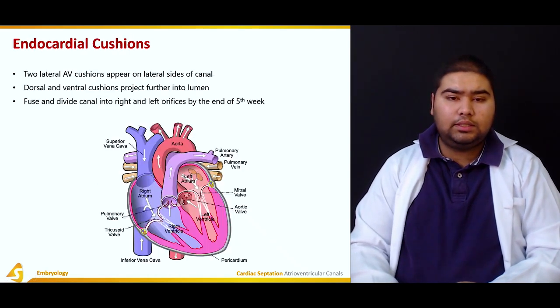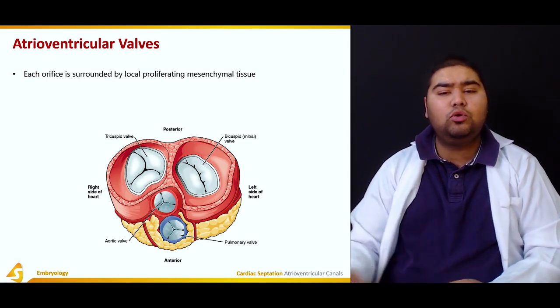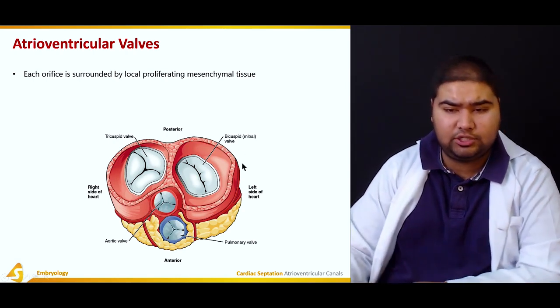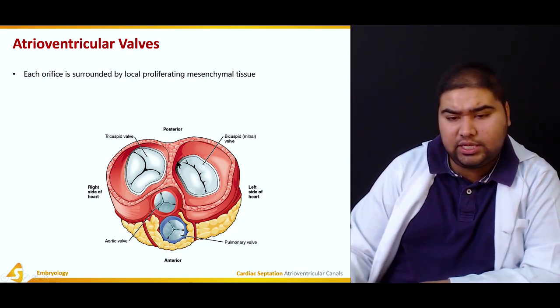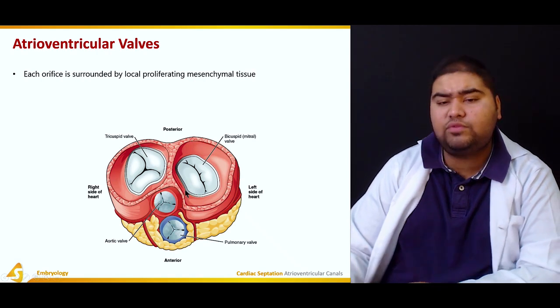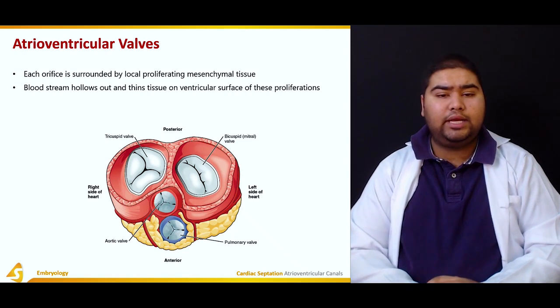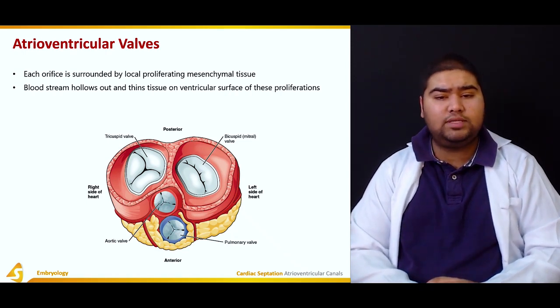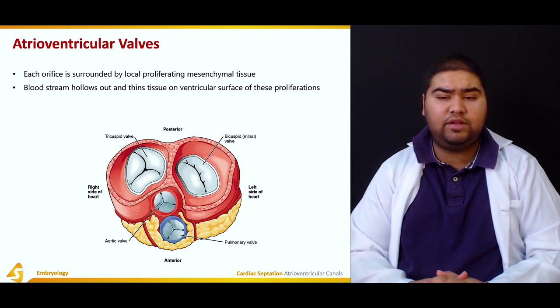Each orifice is surrounded by local proliferating mesenchymal tissue. Now the bloodstream hollows out the thin tissue on the ventricular surface of these proliferations.